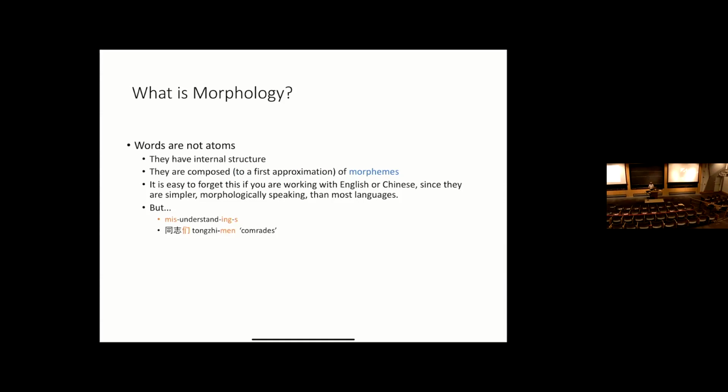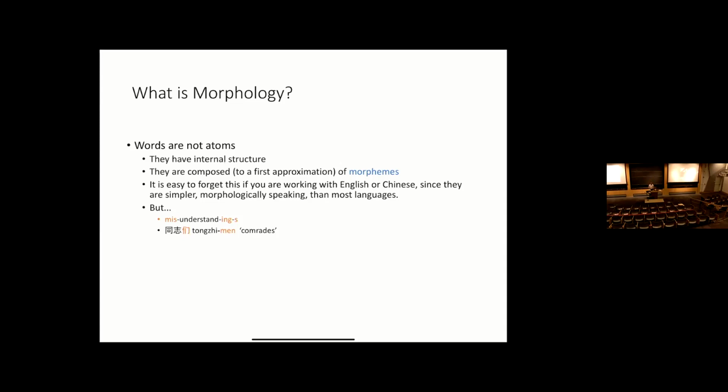They don't have a lot of internal structure. And so you can forget that words in languages are not just atomic units. You can divide them up and talk about what is going on inside of them. But even in Chinese and English, you have examples of morphology. In English, there's actually quite a bit of morphology compared to Chinese.